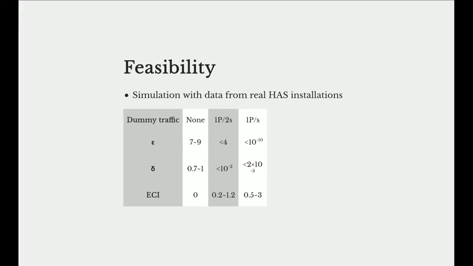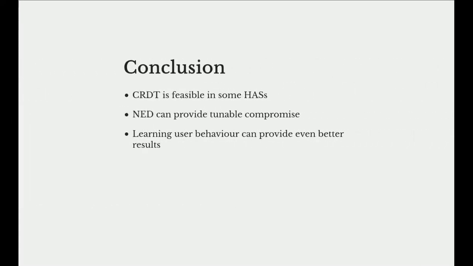The energy consumption increase is still much, much less than when using constant rate dummy traffic, according to the different models. But the privacy parameters epsilon and delta decrease to a value where it's actually maintainable and offers reasonable privacy at moderate costs of energy.